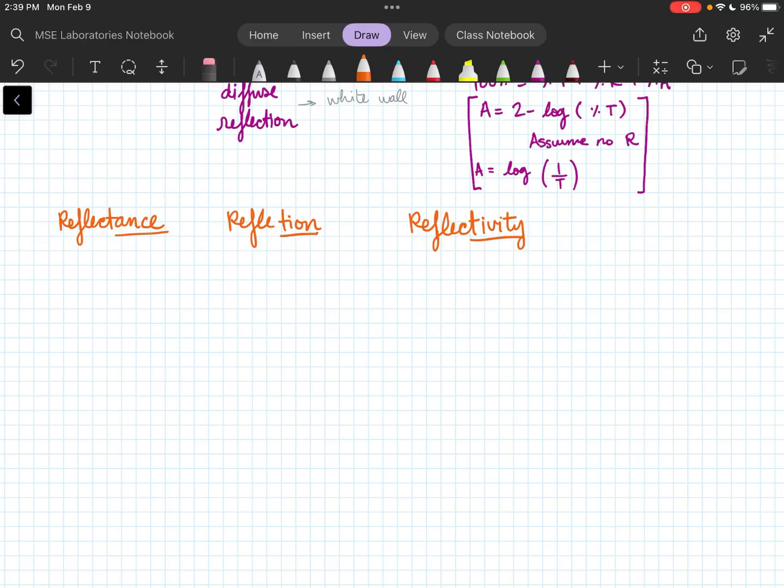So reflectance is a sample property. Which means that the value depends on the thickness. Super thick glass absorbs a lot more than super thin glass. Reflectance, that would be absorbance in that example. It also is going to depend on surface finish and shape.